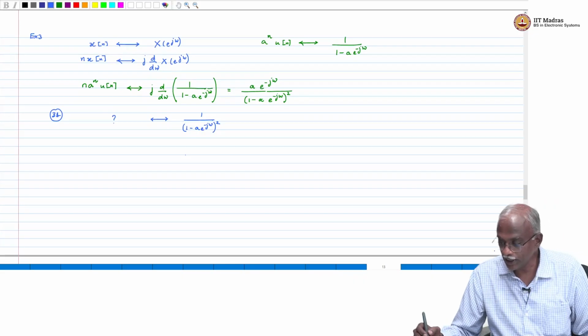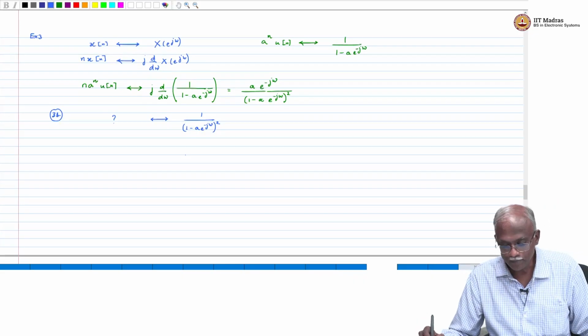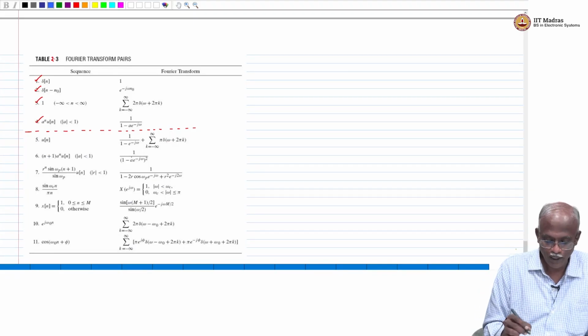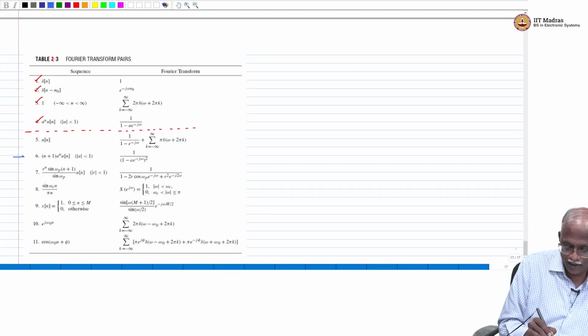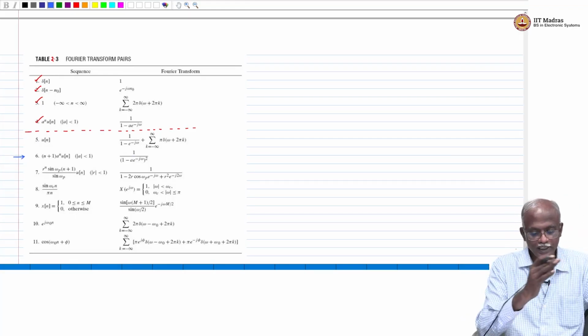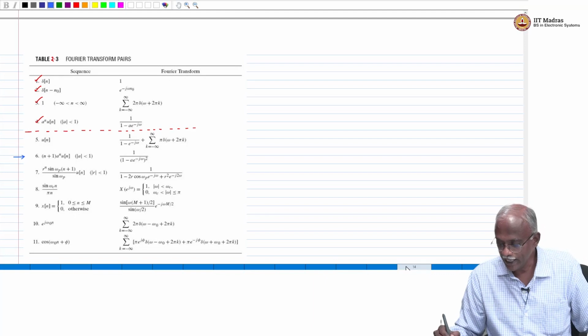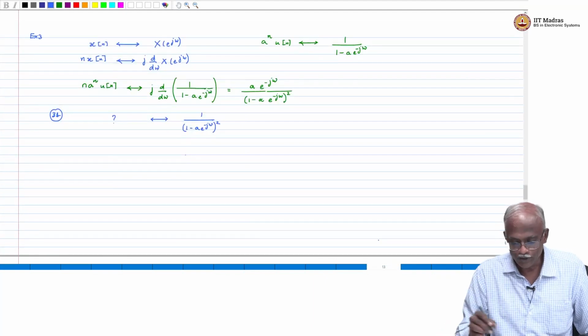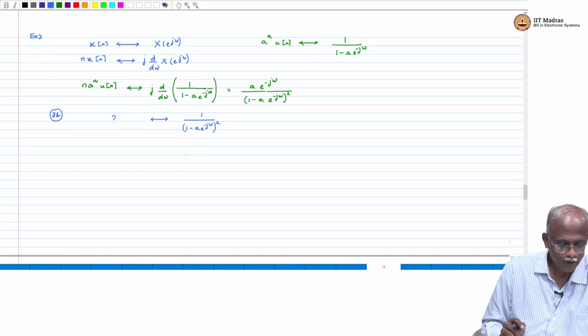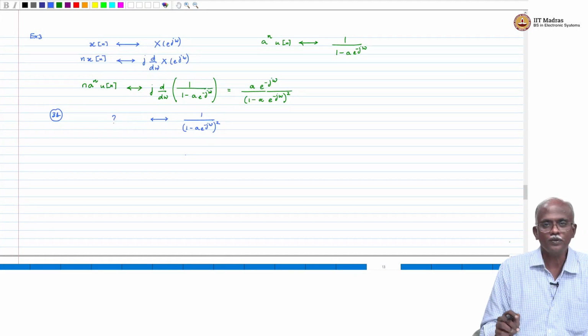This happens to be one of the Fourier transform pairs that we have to worry about. So I want to know how to solve that, and I want to give you a minute to think about it.